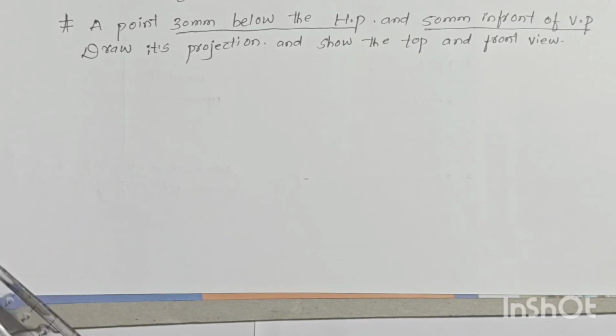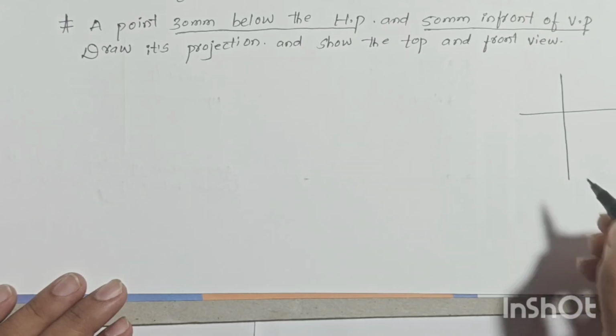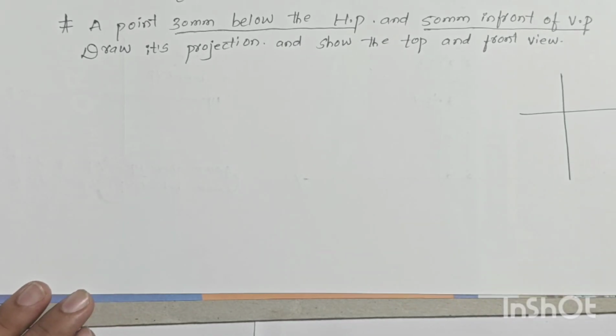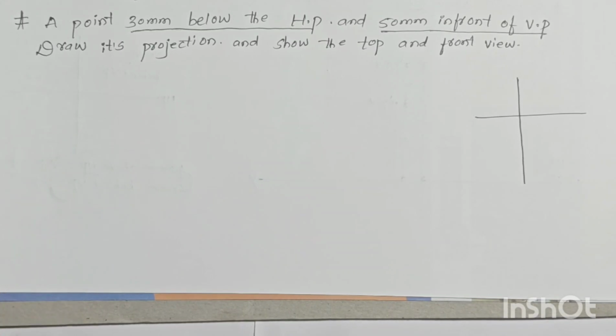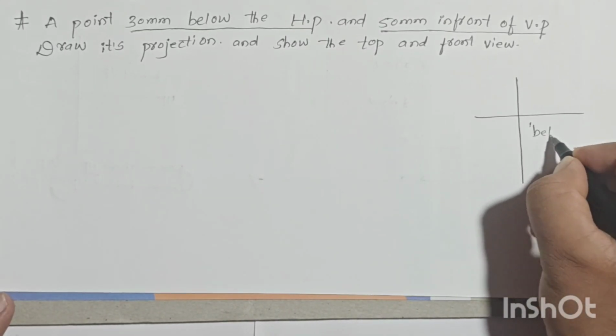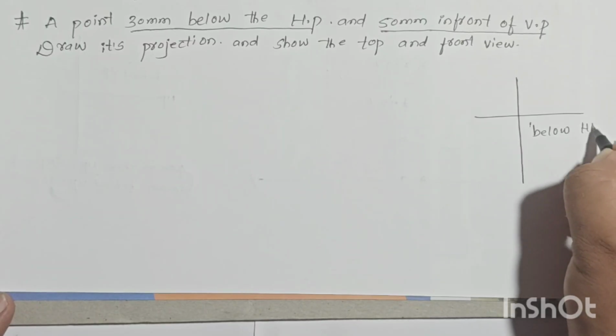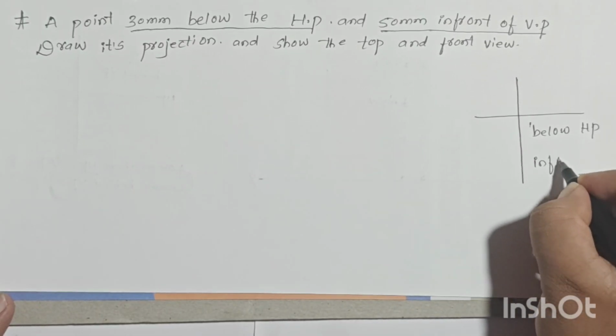Let's see. First thing is draw the coordinate. Below the HP and in front of VP.